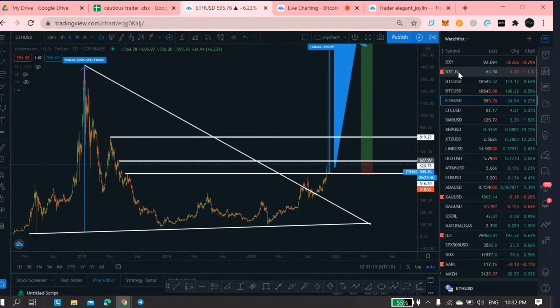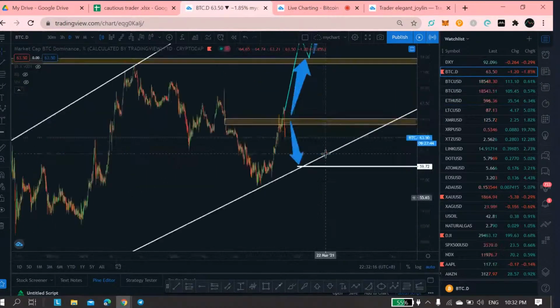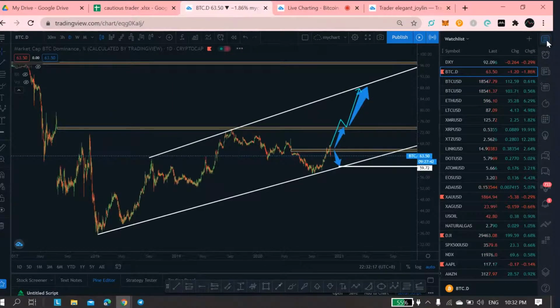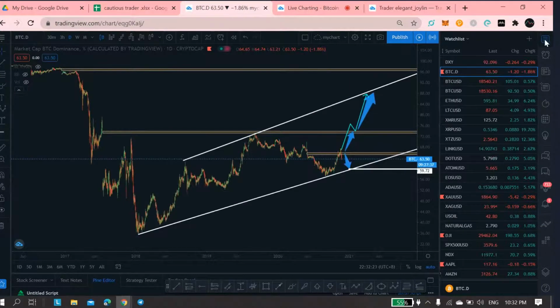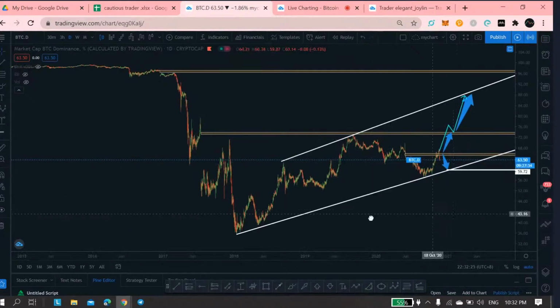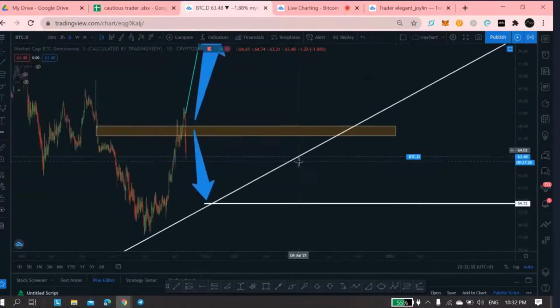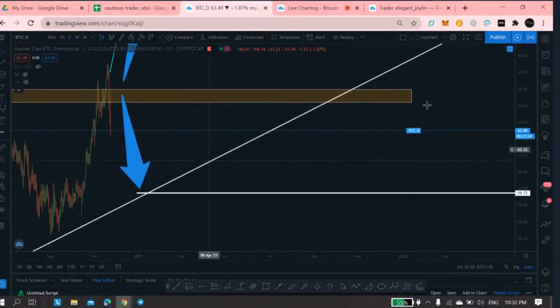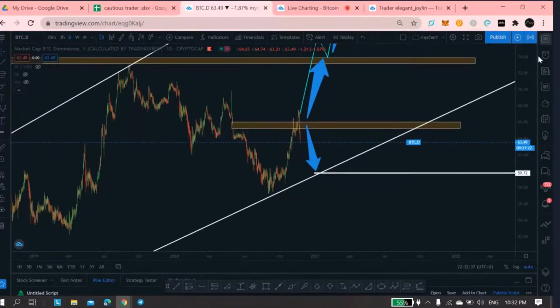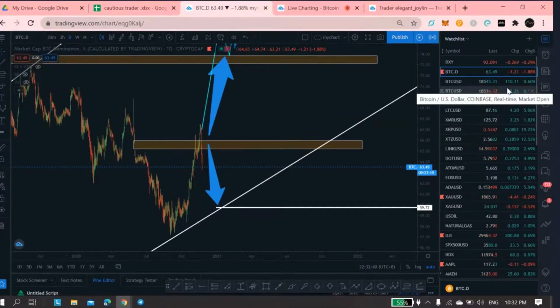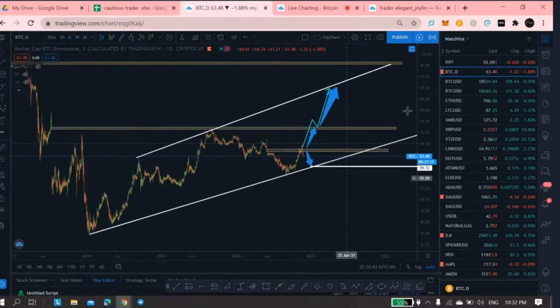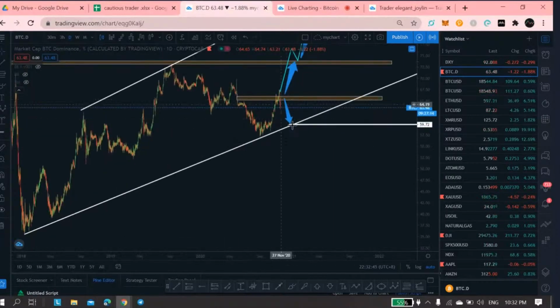I think we forgot to mention the BTC dominance. The BTC dominance has actually 3 gaps: the 66 area, the 74 area, and the 97 area. As you can see, it's actually trending lower. So alts is trending higher. Possibly it will retest this 59 area.